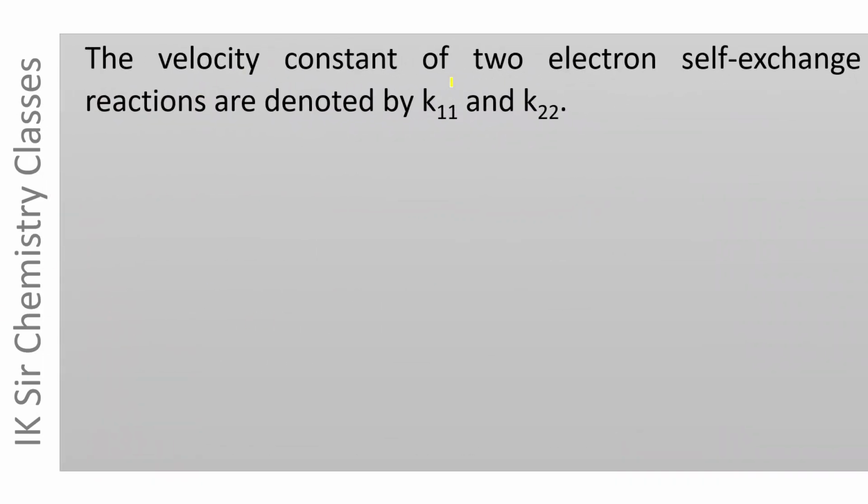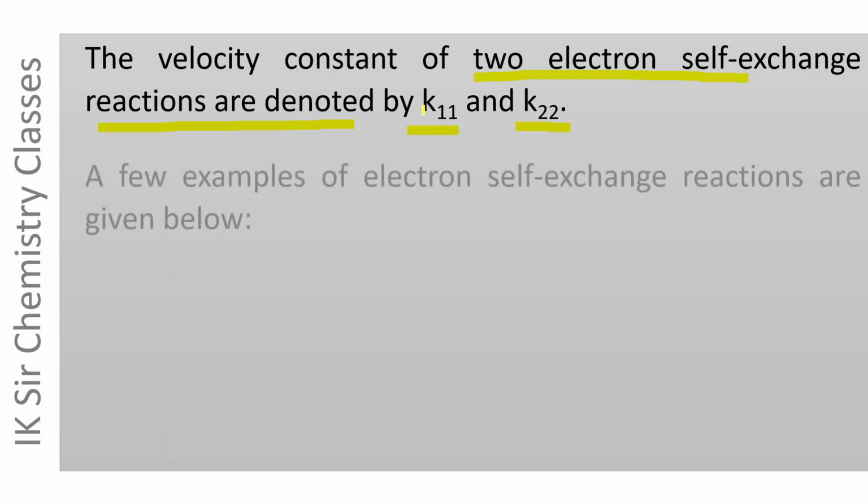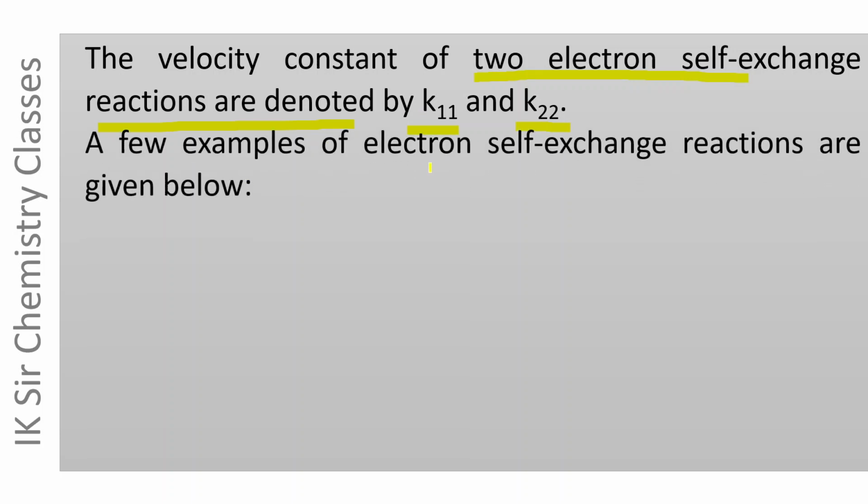The velocity constants of two electron self-exchange reactions are denoted by K11 and K22. Here k is small. A few examples of electron self-exchange reactions are given below.